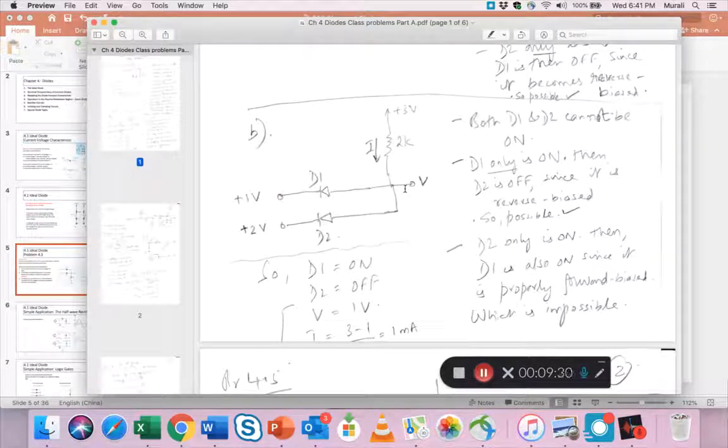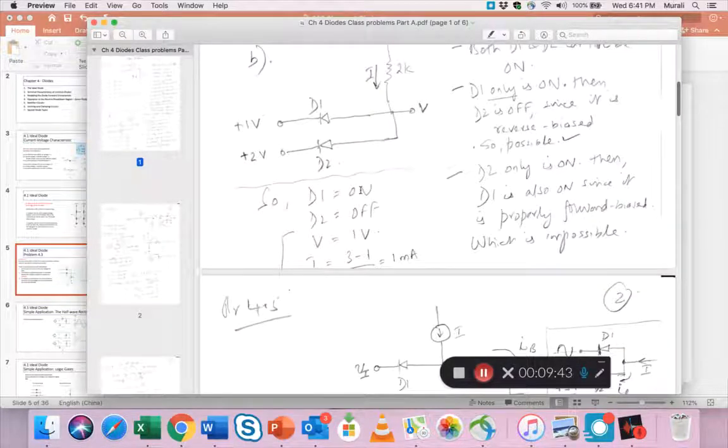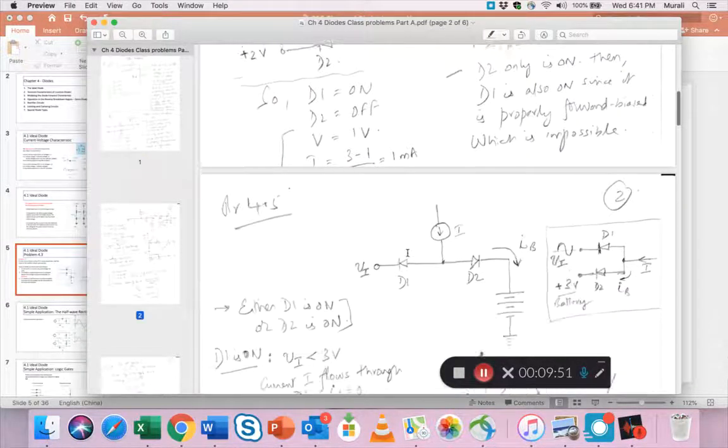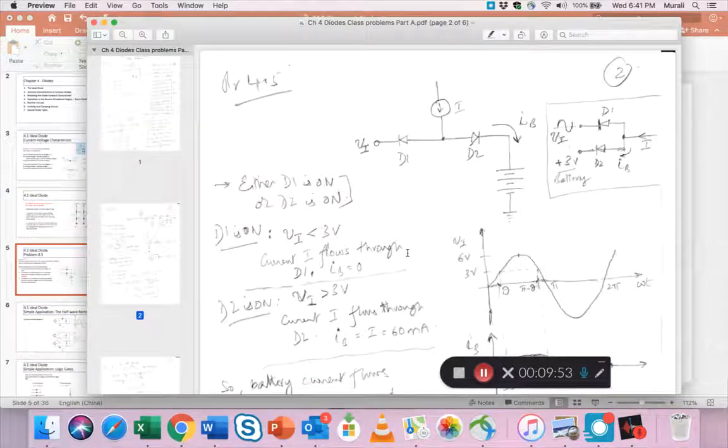That means this point now has 2 volts and 1 volt, which is impossible. So this condition, D2 being on, cannot exist. Once you know that D1 is on and D2 is off, V becomes just 1 volt, and for I you come up with 1 milliamp. So that is the way to solve something like that.